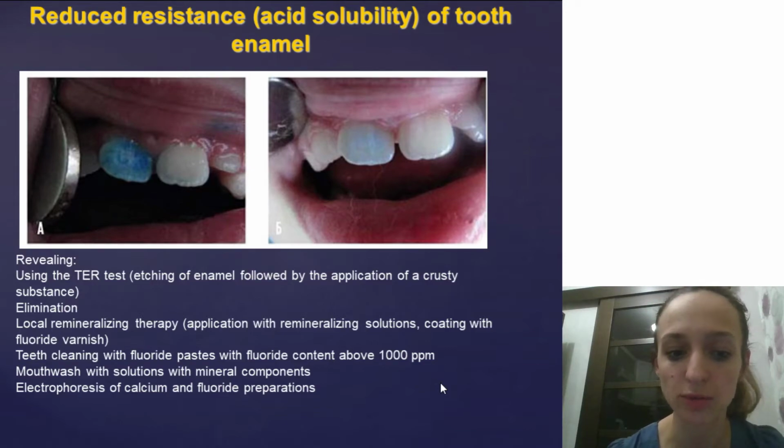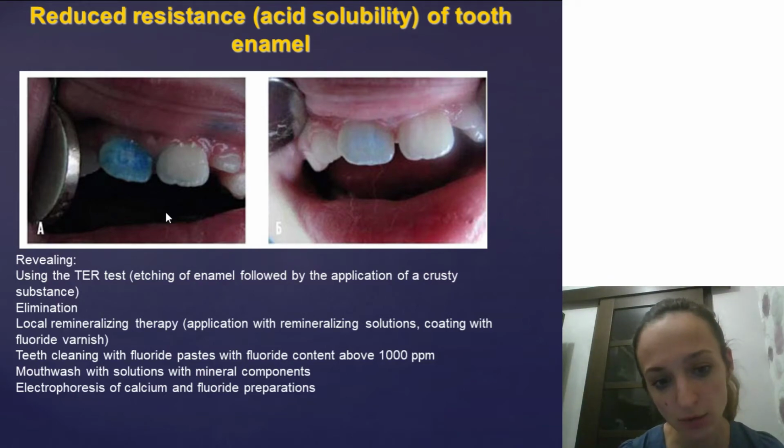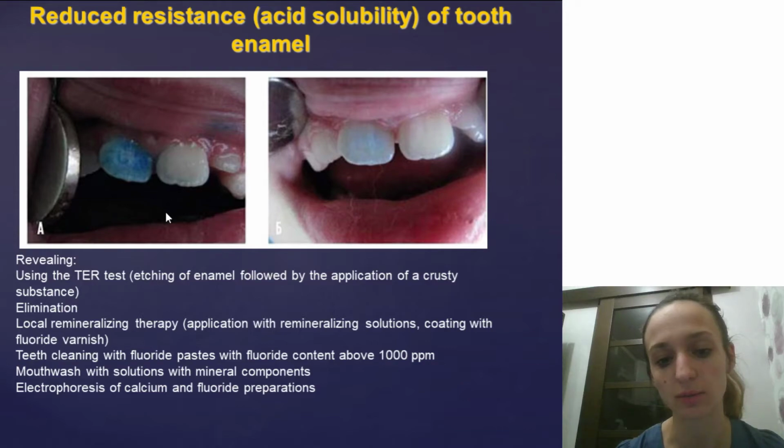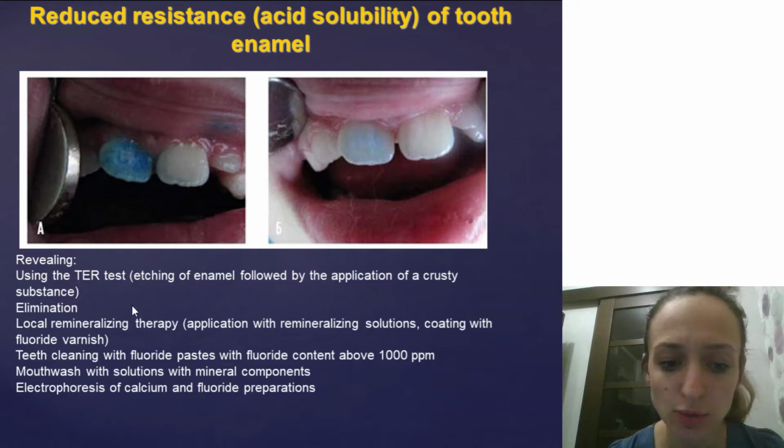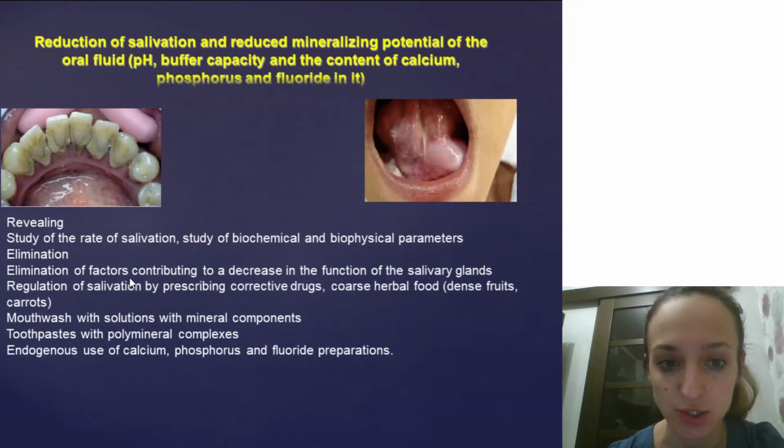It is a local remineralizing therapy, and on the teeth we have painted our teeth, and after we should know about points of the test of enamel resistance by the shape of color. And mouthwash with solutions with mineral components, and electrophoresis of calcium and fluoride preparations.